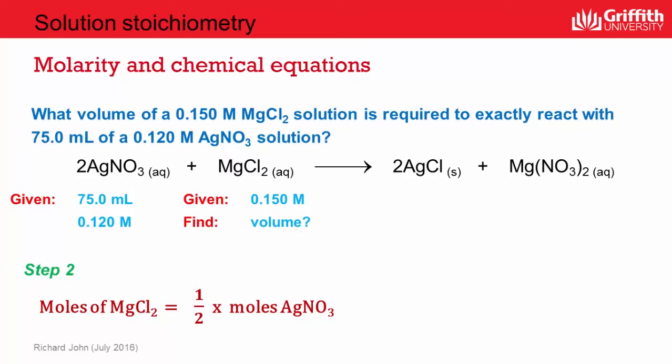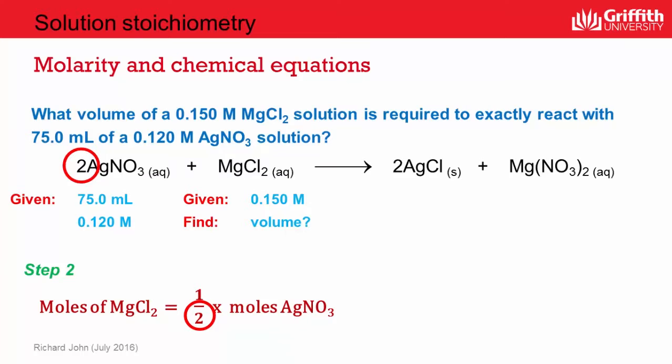Step 2, we need to convert the moles of silver nitrate into the moles of magnesium chloride. So the moles of magnesium chloride will equal a half times the moles of silver nitrate. And that half expression comes from the ratio of the stoichiometric coefficients. So we've got the 1 in front of the magnesium chloride divided by the 2 in front of the silver nitrate.